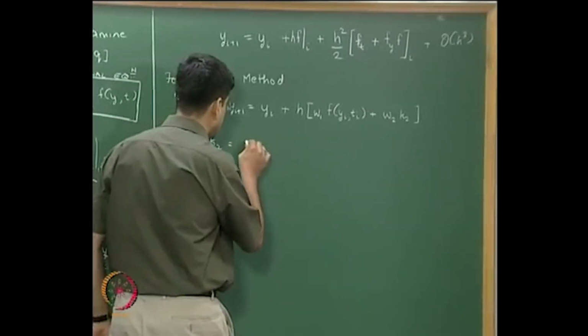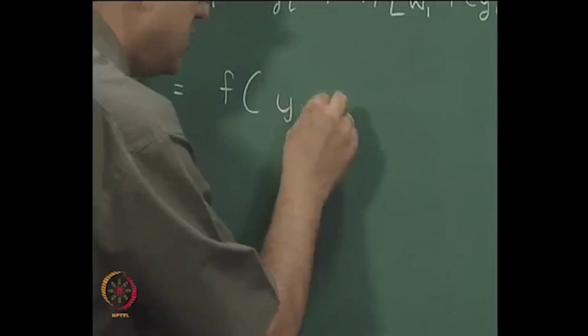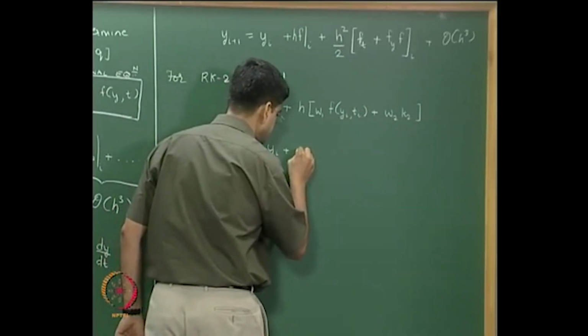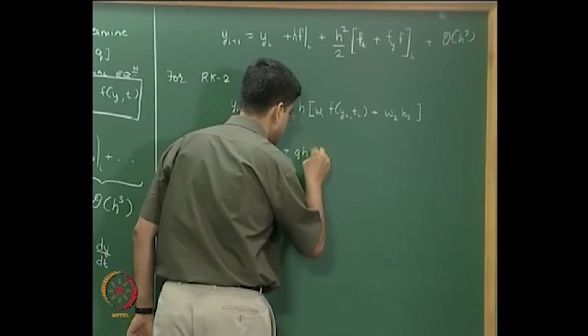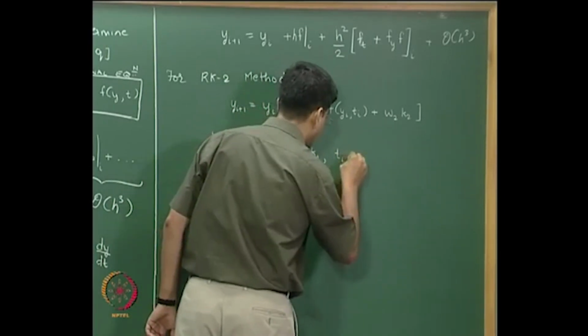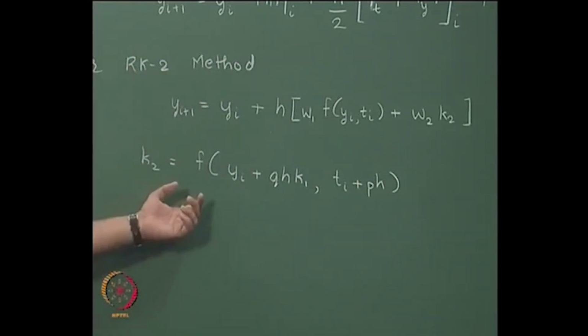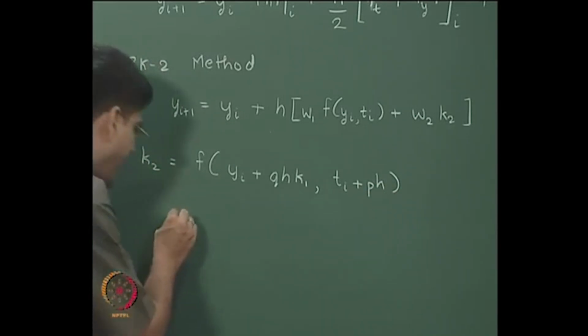Okay, so K2 is going to be f computed at y_i plus q h k1 comma t_i plus ph.